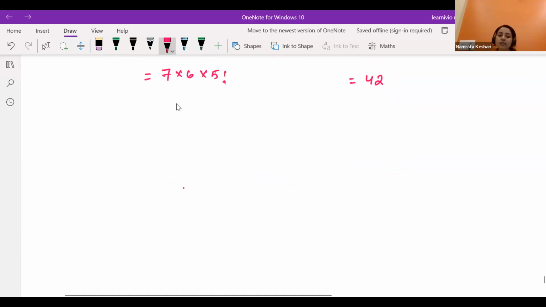Now, if I write that we are having n factorial by n minus 2 factorial, let's use the same concept. N factorial means n multiplied with the previous number of n, that is n minus 1, multiplied with the previous one, that is n minus 2. Now, why write the previous one? Let's write n minus 2 factorial.